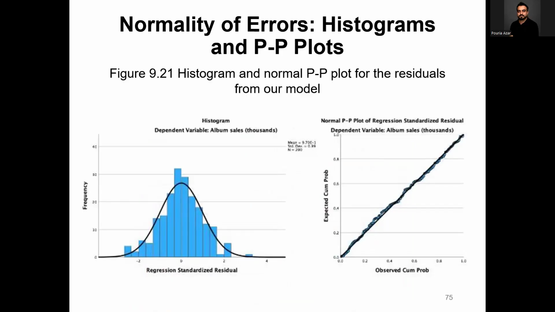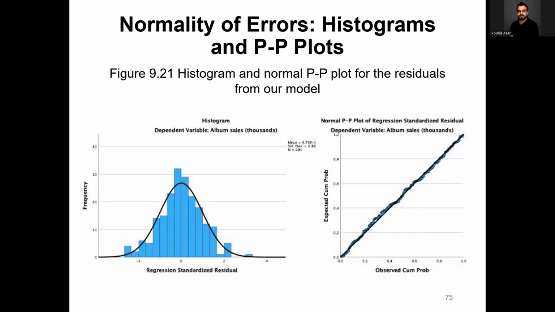And these are the histograms and PP plots for normality of errors. So the histogram of standardized residuals kind of represents a bell-shaped curve. And the PP plot shows the data points close to the diagonal line.